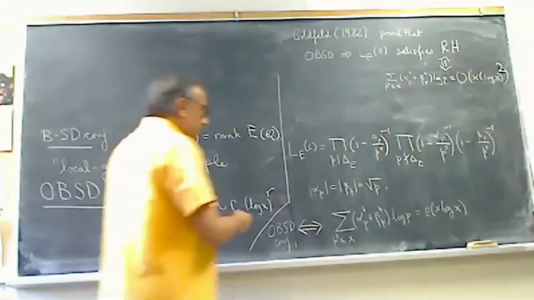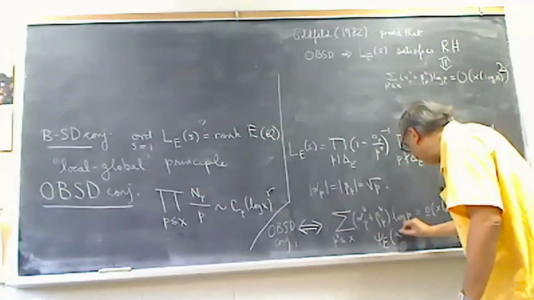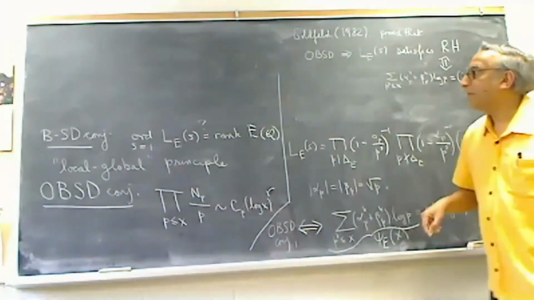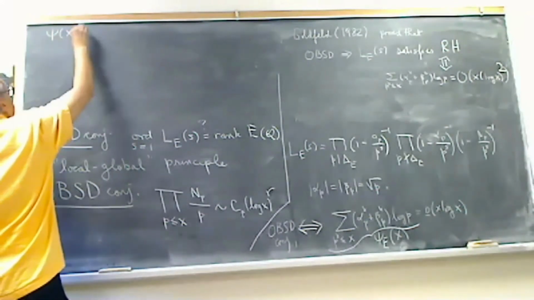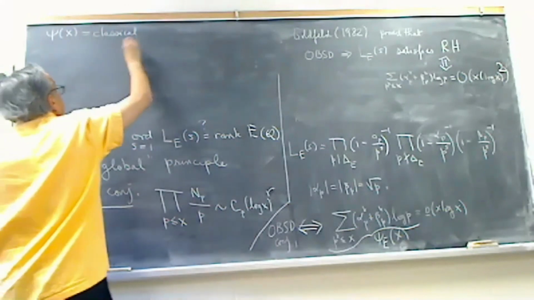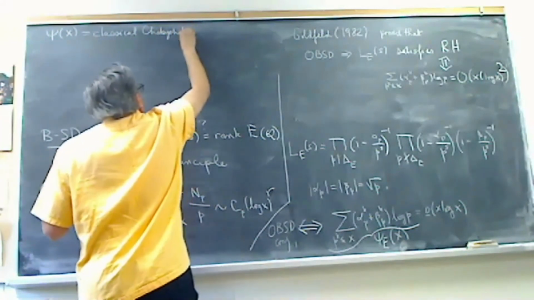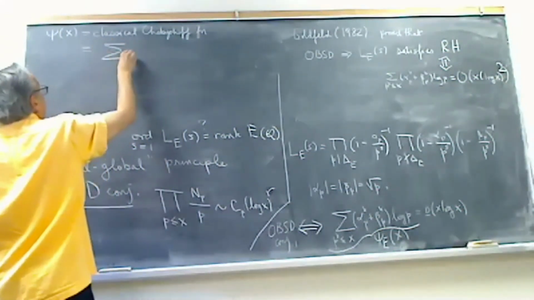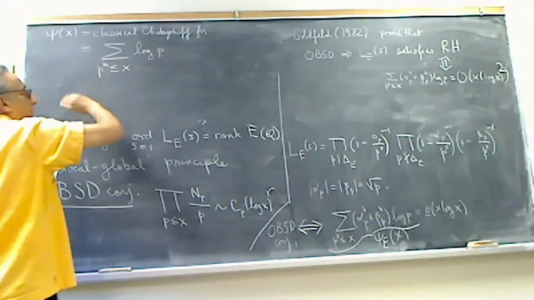So let's just call this whole sum psi sub E of X. Now psi of X is the classical Chebyshev function, which is basically the summation of log P, P to the K less than or equal to X. So P is always a prime.